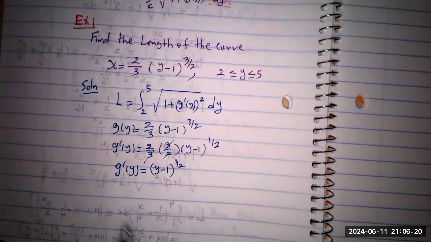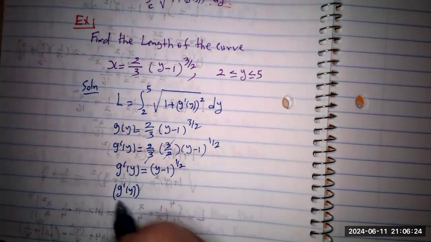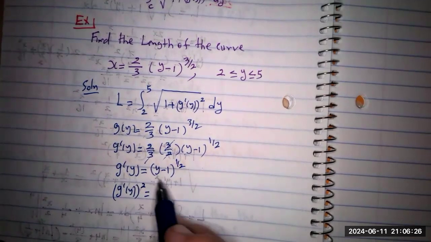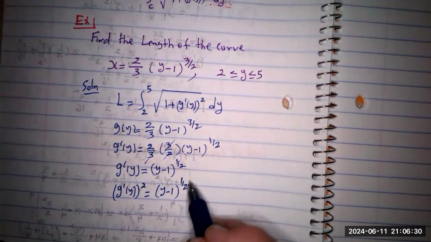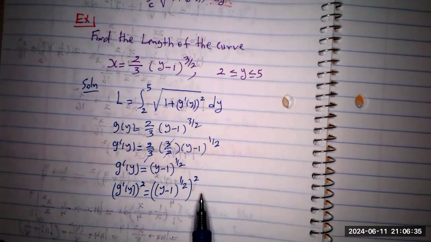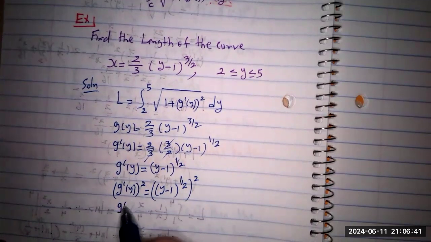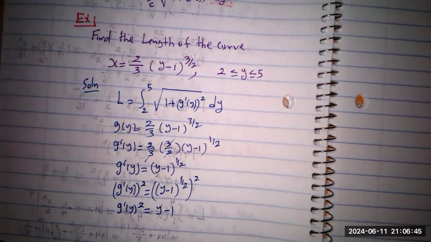That's g prime of y, you square it. So it's going to be (y minus 1) to the 1/2, then squared. When you square it, you lose the 1/2 because this is a radical y minus 1. So g prime of y squared would be simply y minus 1.